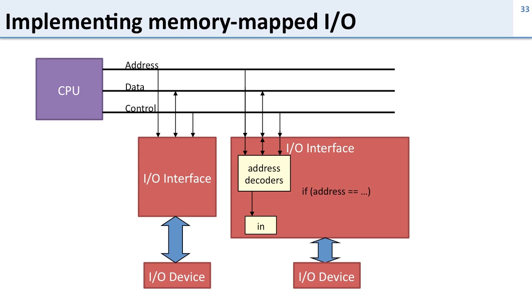If it matches the in address, it's going to take in data to write to the device. If it matches the out address, it's going to send data out from the device. And then we'll have addresses for command and status, which receive and send data as well. So the I/O device now needs to watch the address bus to see if its particular address is being accessed, and if so, then it has to pay attention to the control and data lines.